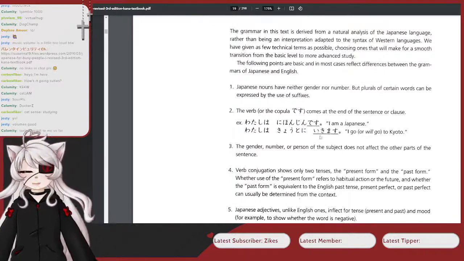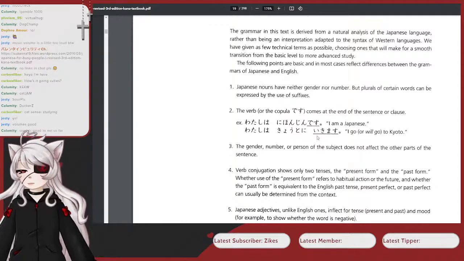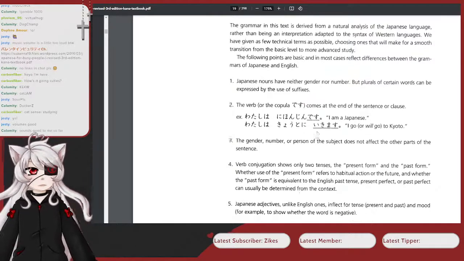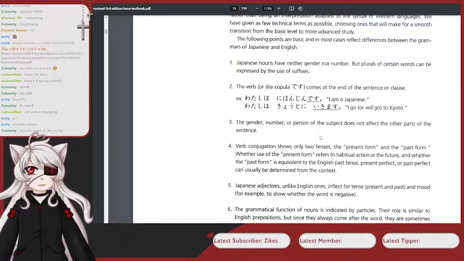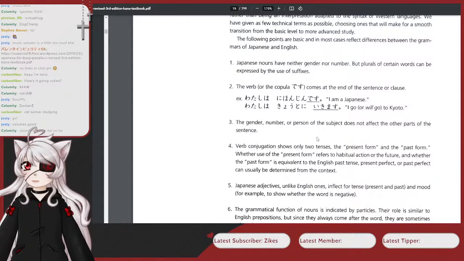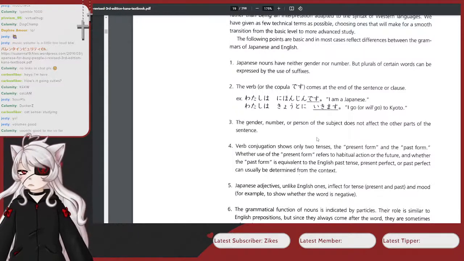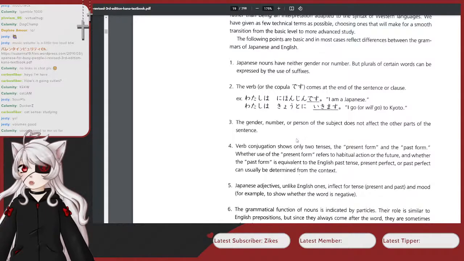So I am going always goes at the end. Which is what I was trying to do earlier when I tried to speak in Japanese earlier. I tried to say that I'd never played the game of Kirby, because that's kind of the order you have to do it in.